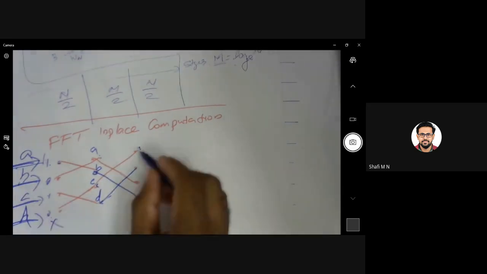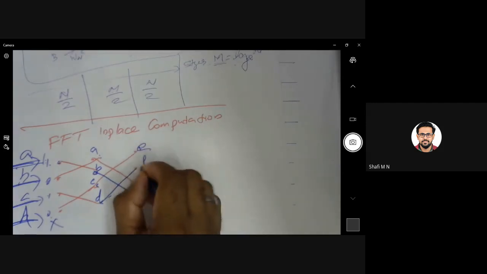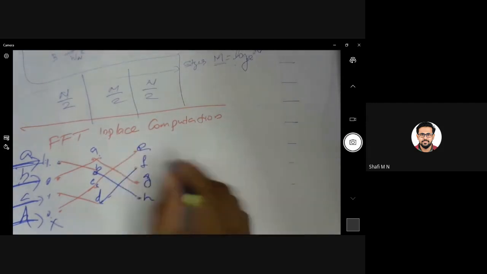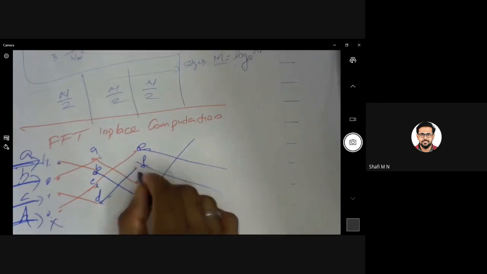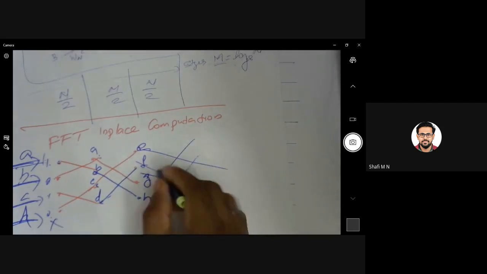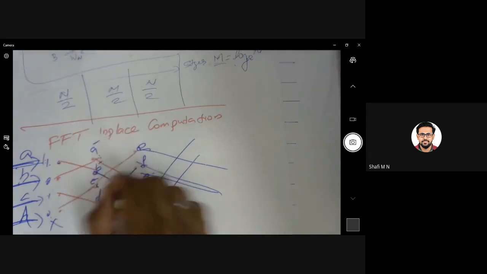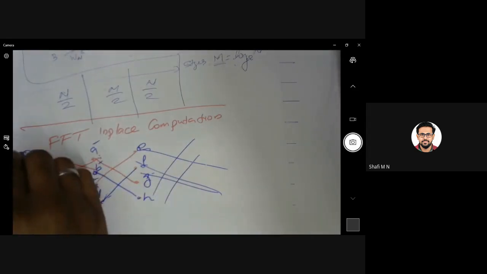Now moving to the next stage, say you get the output EFGH. Now assume that you have a third stage over here. To proceed to the third stage, we no longer need these ABCD values. So you can replace those ABCD with the new outputs, that is EFGH.